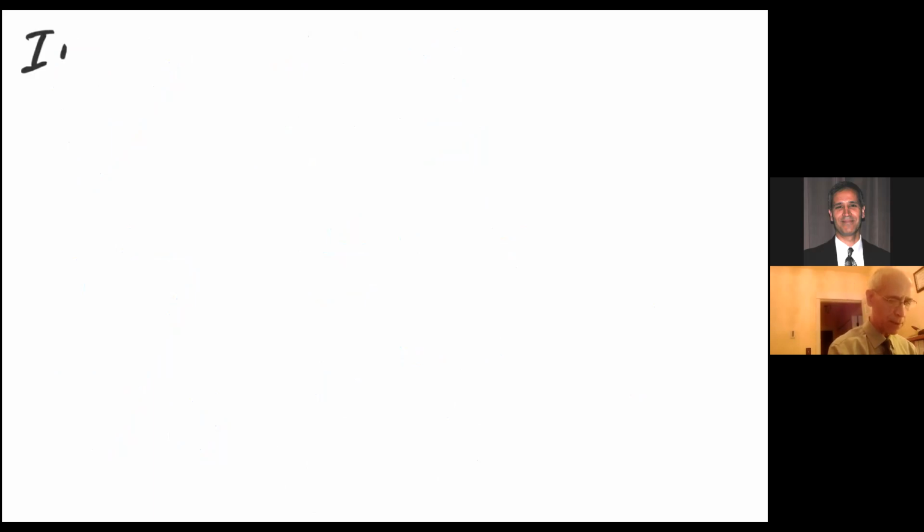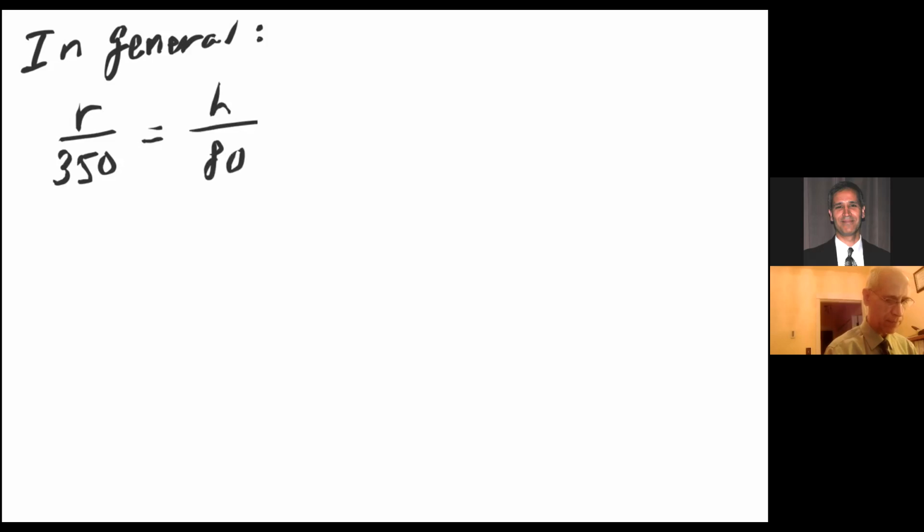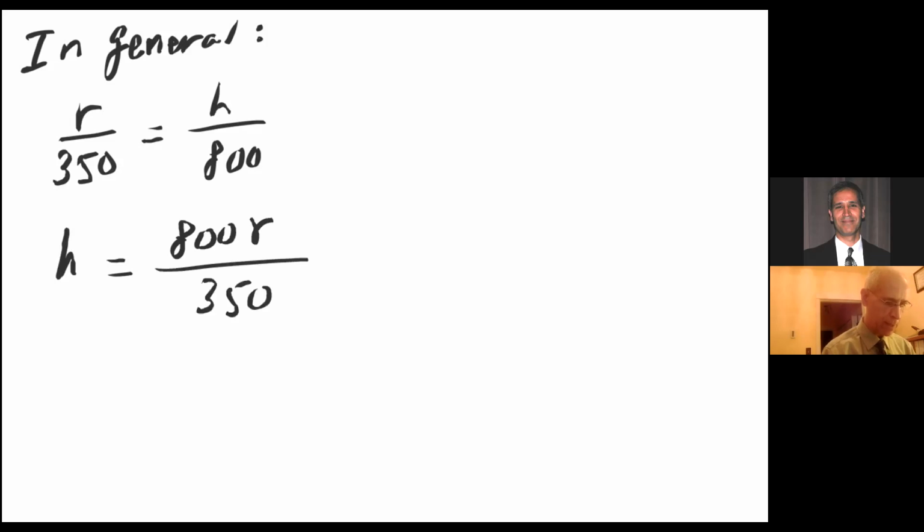In general, we know that R over 350 equals H over 800. If I solve for H, I get H equals 800 times R over 350.